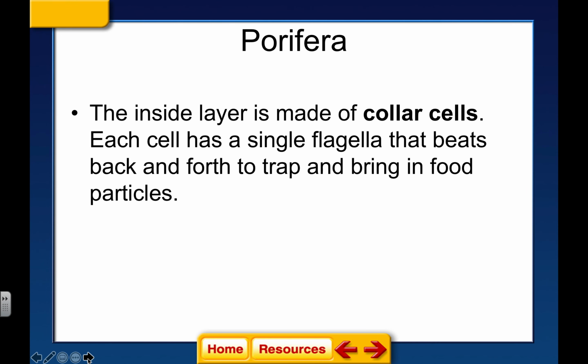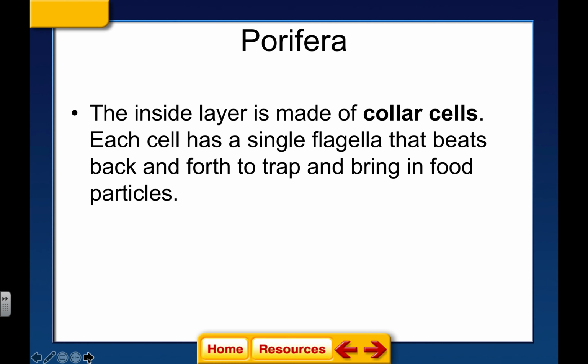Now, the very inside layer of the sponge is called a layer of collar cells. And the collar cells are working independently. They're not working as a tissue layer. Each cell has a flagellum.